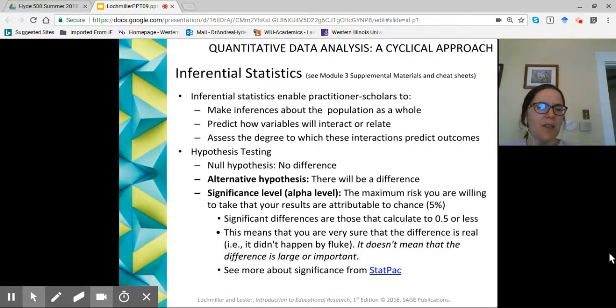The exception there would be if someone is testing someone else's results, and maybe in practice and experience, it really doesn't seem like there is an effect. So maybe they're testing that and they really are looking to support the null hypothesis. And that's important for science.